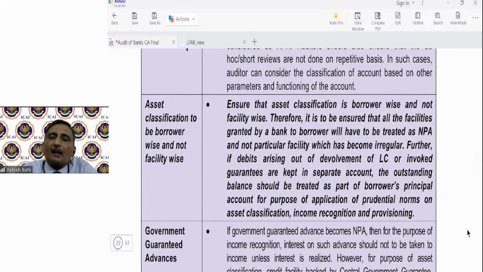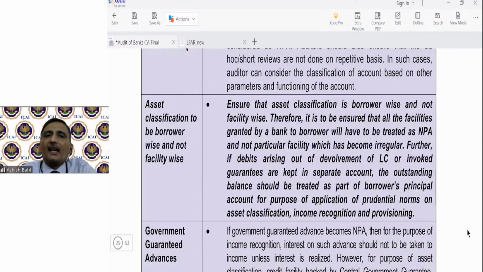Assume that the cash credit account is operating satisfactorily. It doesn't fall under the NPA asset classification norms as prescribed by RBI. But in the term loan, the borrower is not able to pay the installments, and the installments or the interest has become overdue for more than 90 days.